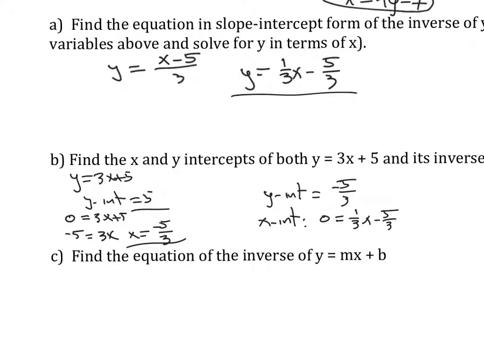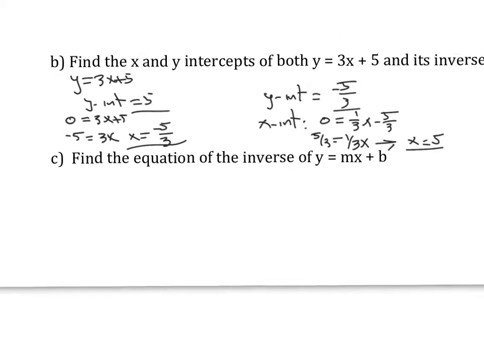So when we add 5/3, we get 5/3 equals 1/3 x, and therefore x is equal to 5. So we get our two intercepts, x-intercept of 5, y-intercept negative 5/3, and those are just the opposites of the ones that we got for the original function.